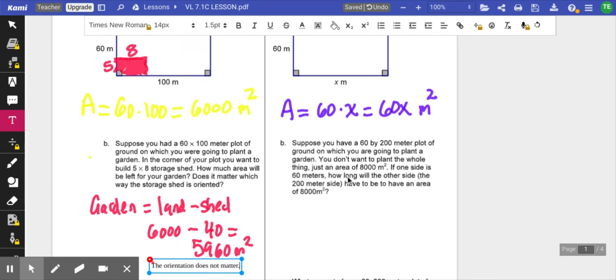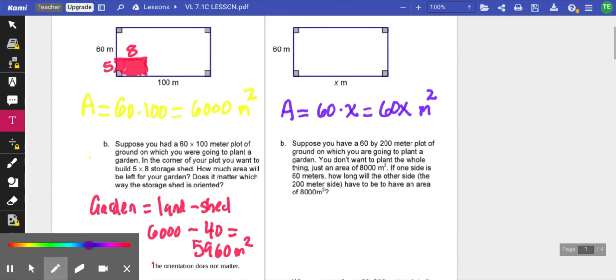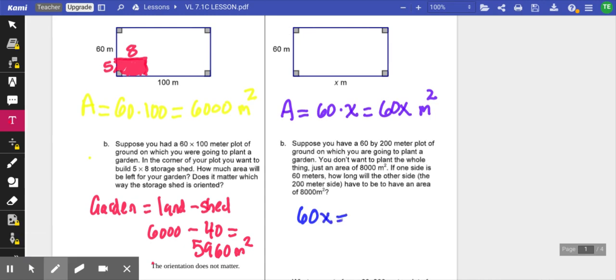So I want my x, I want to figure out how wide I have to make it. So when I multiply 60 by x, I want that to be 8,000. So I set up my equation. 60 times x equals 8,000.